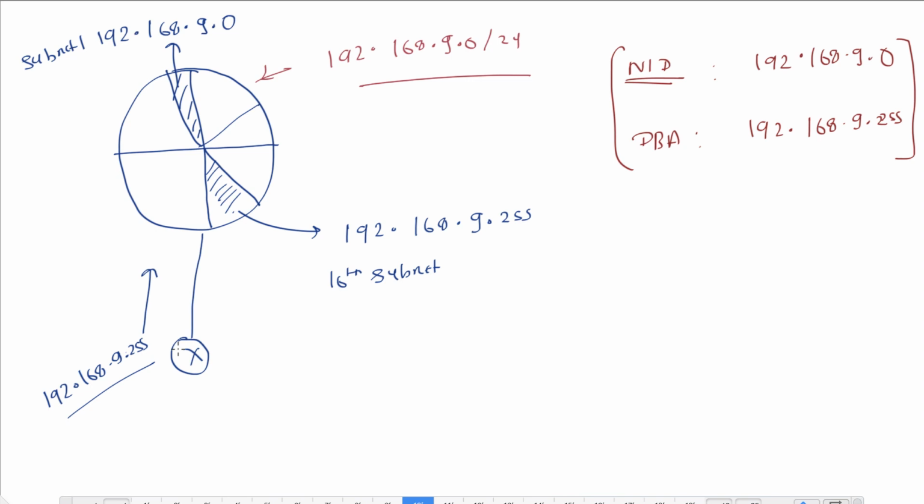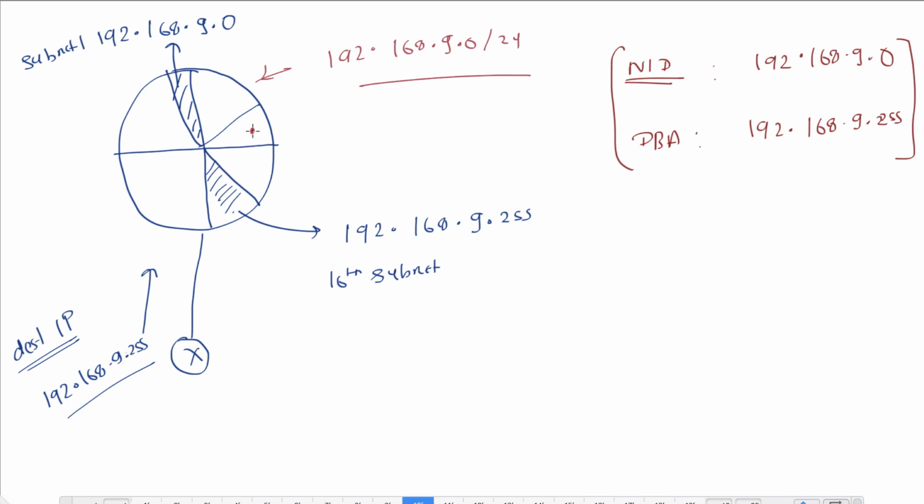If this router has to forward some packet with the destination IP address like this, then this router will forward this packet to every host, not just the hosts in the last subnet. Even though this is a directed broadcast address for the last subnet, this is not visible outside the network, right? So if some packet is coming from here, then this packet will get delivered to every host in this network.